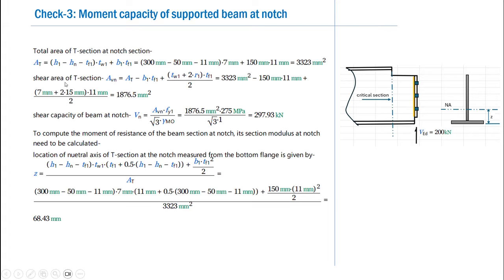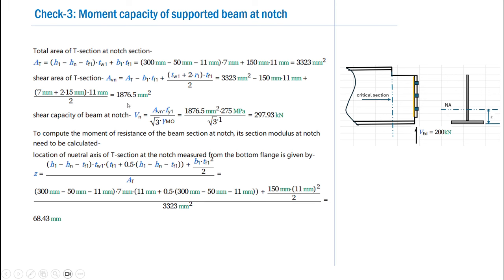Let us calculate what will be the shear area of this T section. Obviously it includes the web plus a part of the root section, and we can obtain the shear area AVN as the total area minus b1 into tf1 plus (tw1 plus 2r1) by 2 into tf1.